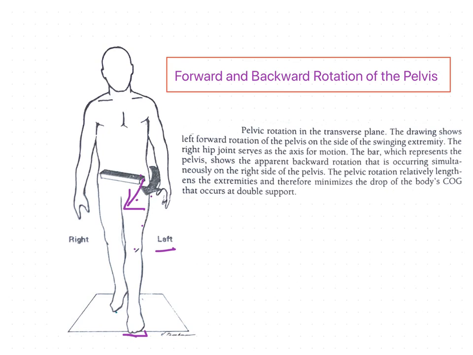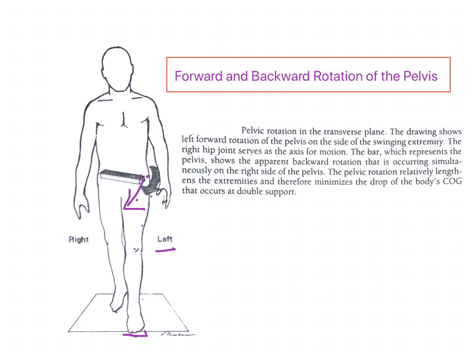we can see. Okay, so this forward rotation occurs on the side of the swinging extremity with the hip joint of the weight bearing extremity serving as the axis for the pelvic rotation.